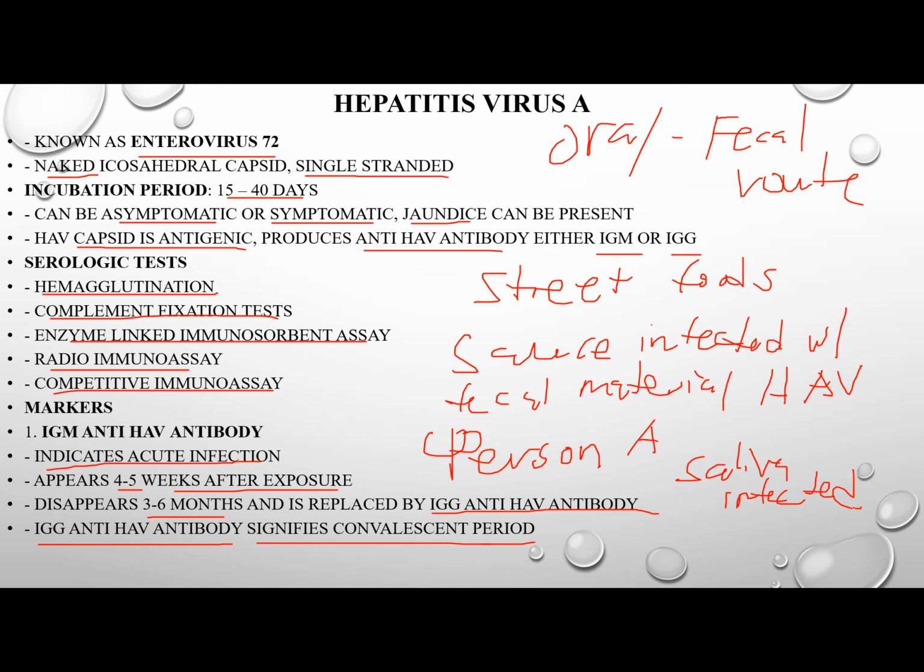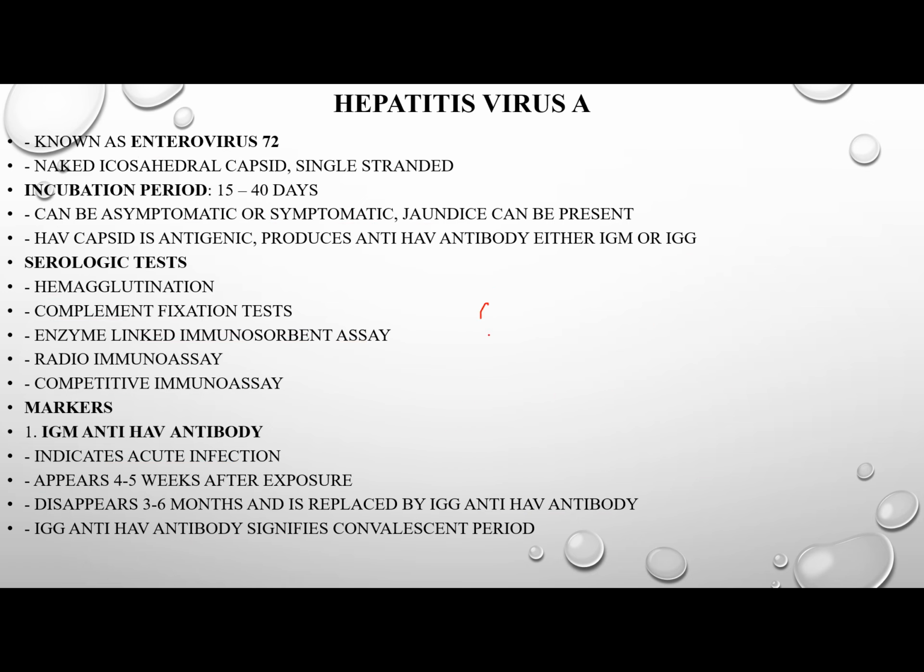So, ma-acquire niya yung virus. Another scenario, class, let's say naman, this time yung sauce is clean, malinis. Pero si person A nyo, positive naman siya sa hepatitis A virus. So kung bumili siya ng fishball, bumili siya ng street food, sinawsaw niya dun sa sauce.